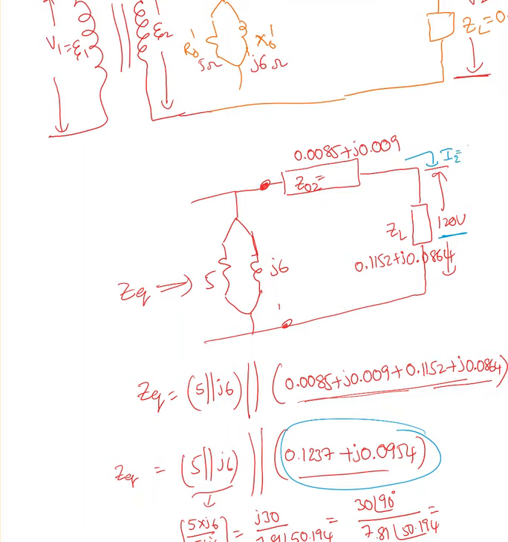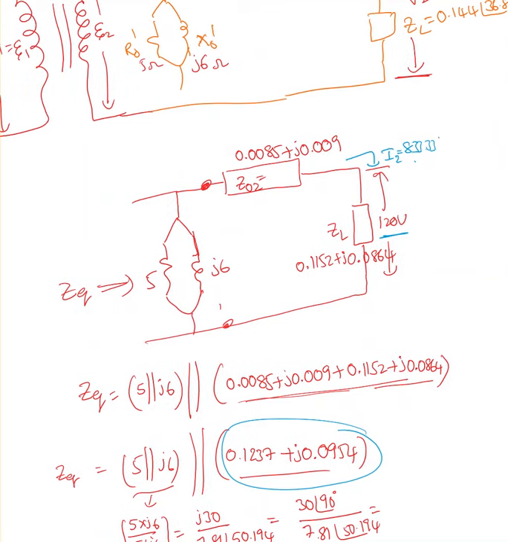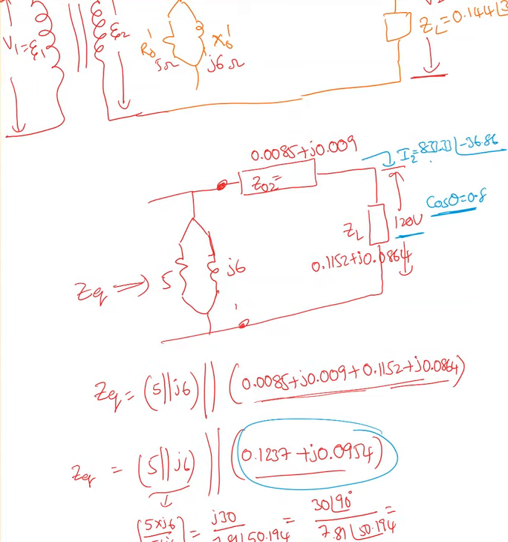I2 equal to 833.33 at an angle of minus 36.86. How did I get this minus 36.86? He gave us this cos theta equal to 0.8. So theta is cos inverse of 0.8. This power factor cos theta indicates the angle between the voltage, this 120 volts, and the current. So that's what it is.